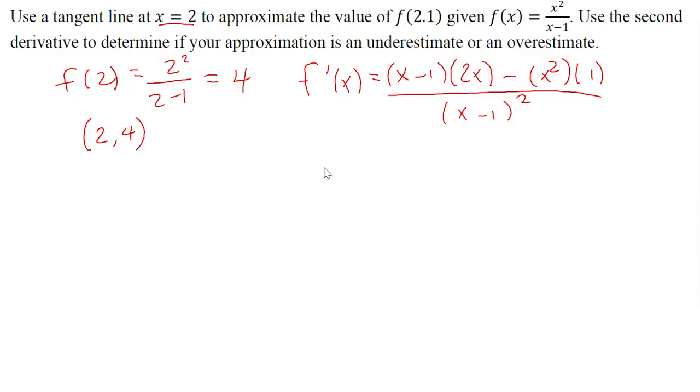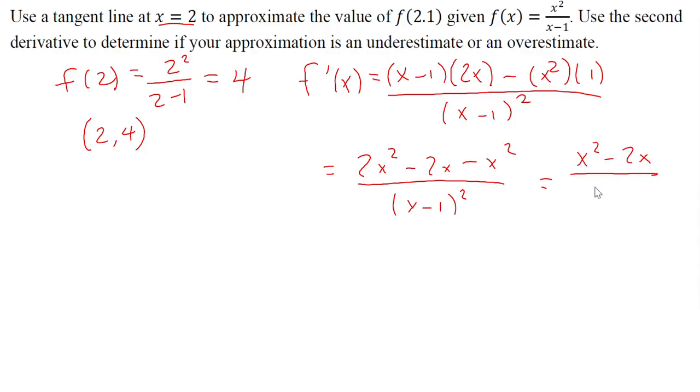We'll simplify this out a little bit, which will give us 2x squared minus 2x when I distribute the 2x to the x minus 1, and then a minus x squared over x minus 1 squared. And then when we finish simplifying that out, we get x squared minus 2x over x minus 1 squared.